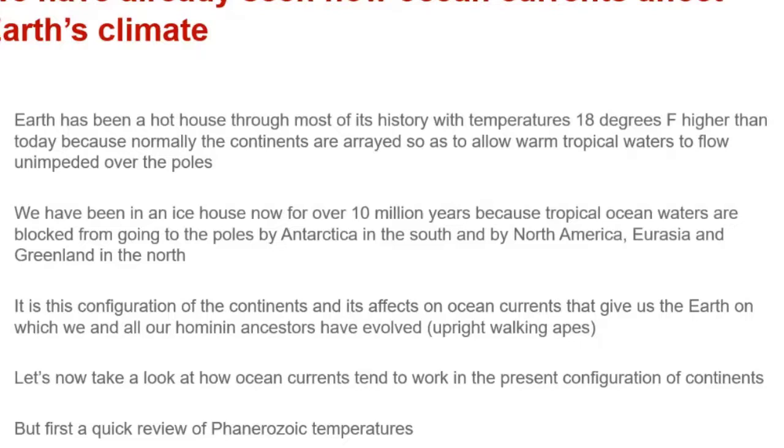All right. Now, we've had this configuration for, it didn't happen overnight. Continental drift occurs very slowly. The continents move into their position very slowly. But think about this on a scale of millions of years, roughly 10 million years ago. If you went back 70 million years ago, there was warm ocean water going unimpeded over the North Pole.